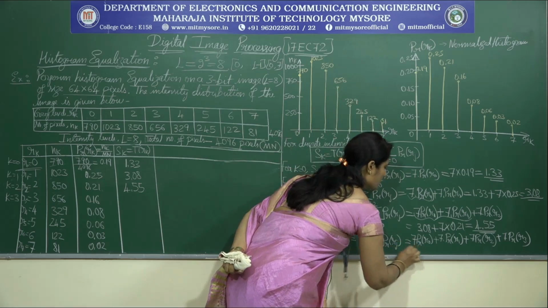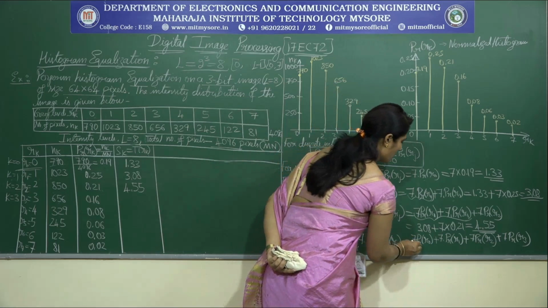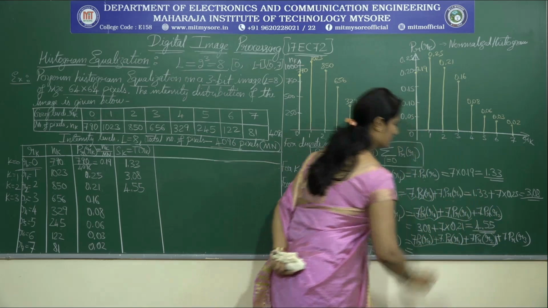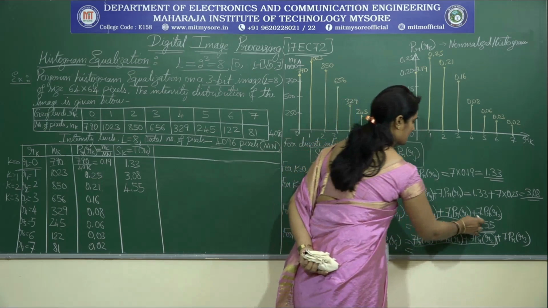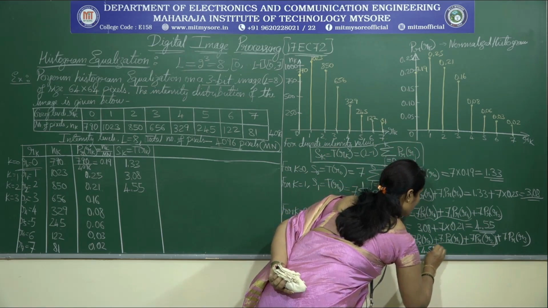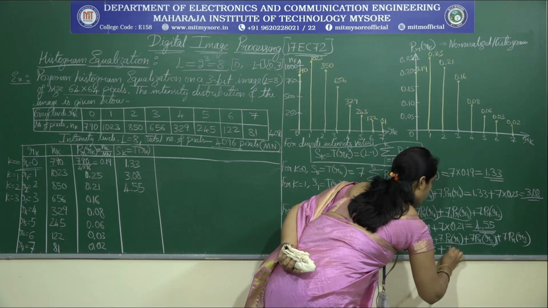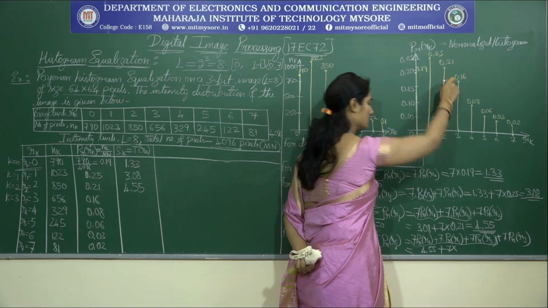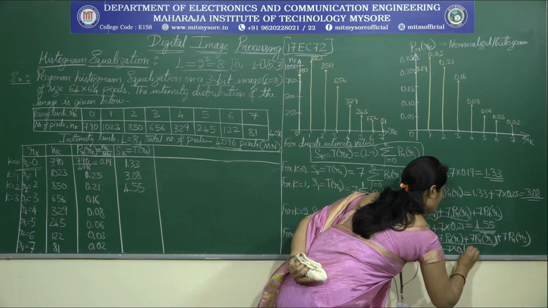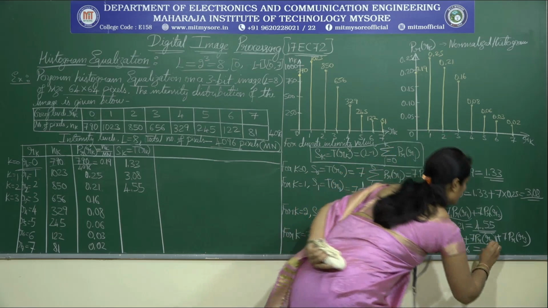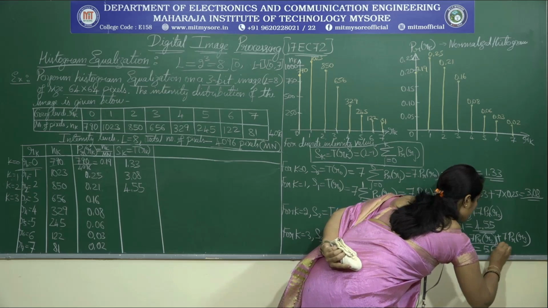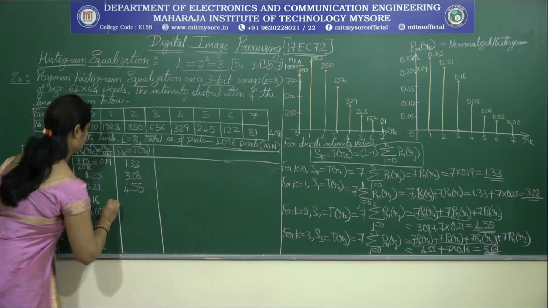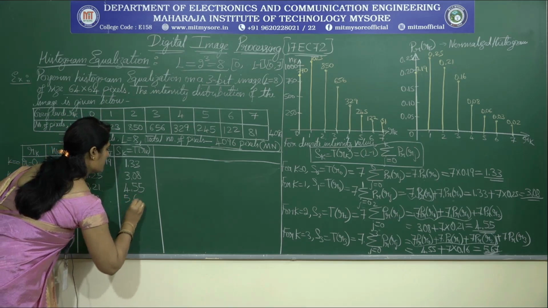Now we know the value up to R2, so this can be substituted by 4.55 plus 7 into probability density function of R3, which is 0.16, which is equal to 5.67.